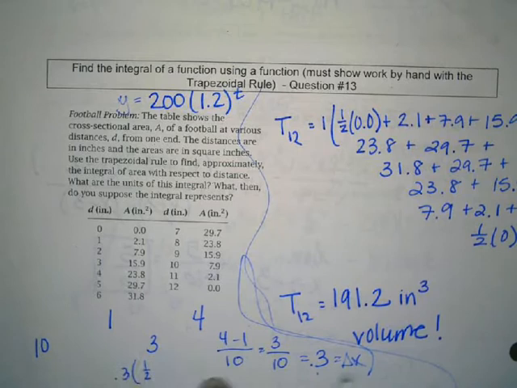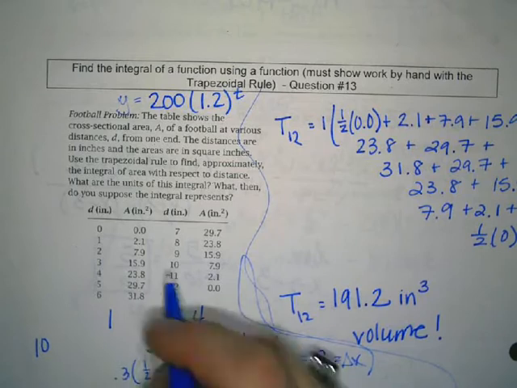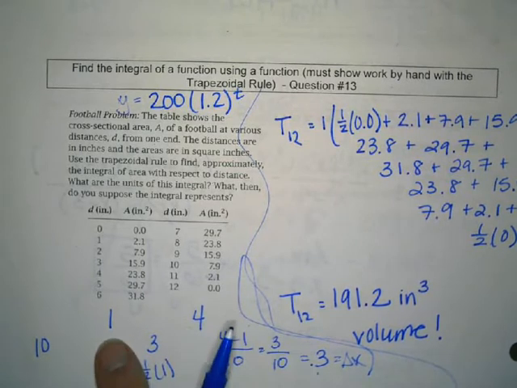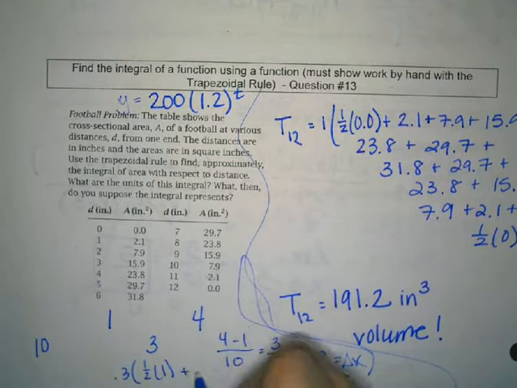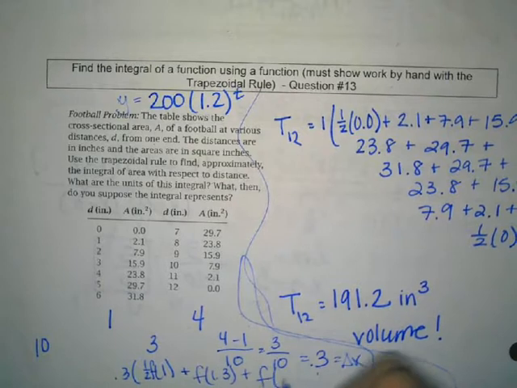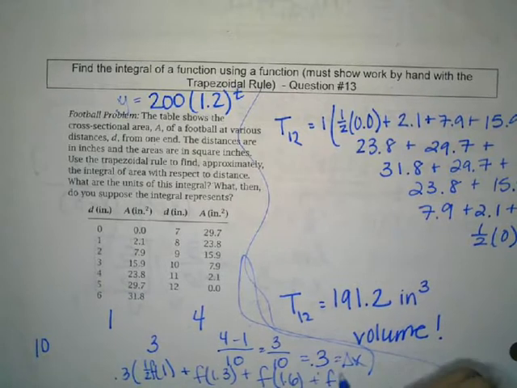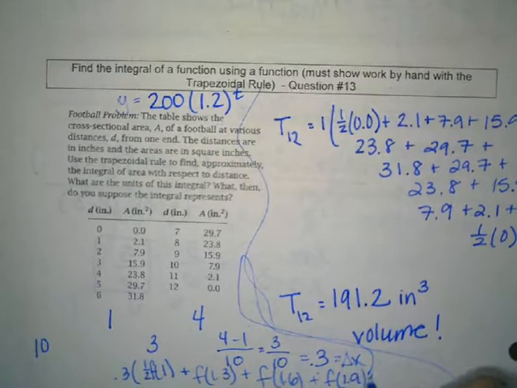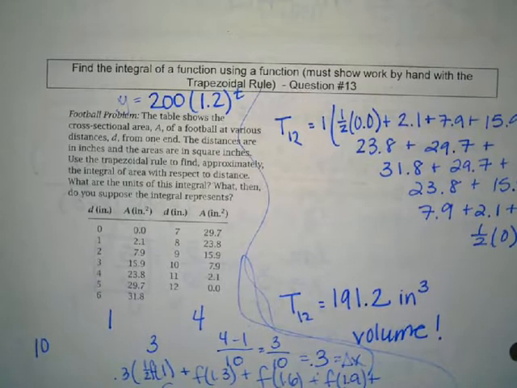And then in that case, you'd have 1/2 of 0.3, times the sum: f of 1, plus f of 1.3, plus f of 1.6, plus f of 1.9, plus f of, and you get the point. Every x value that you're plugging in for each trapezoid is 0.3 above the other one, since you're changing x by 0.3.